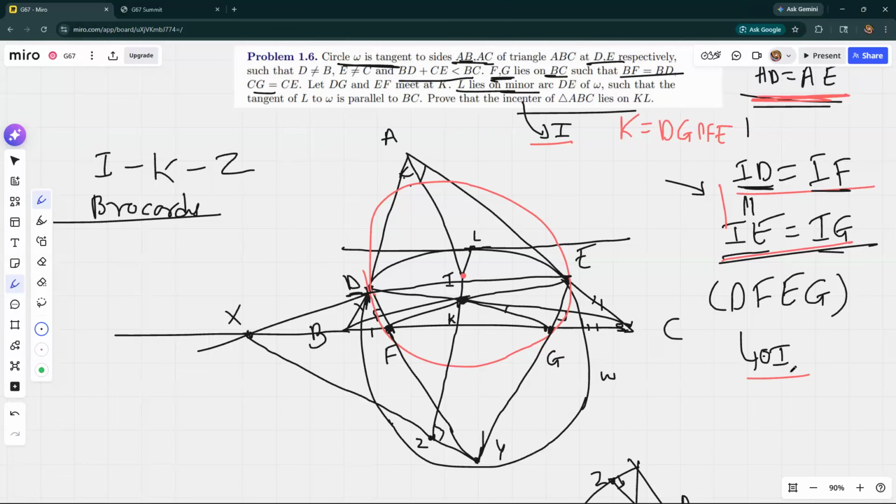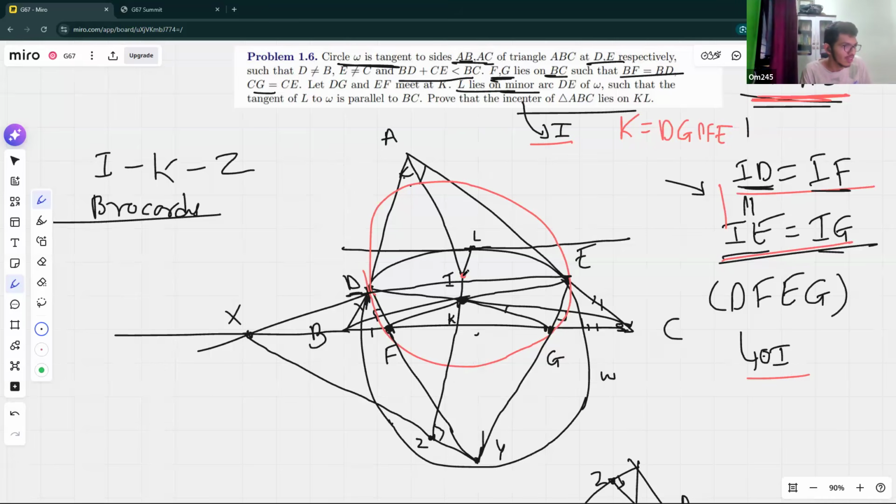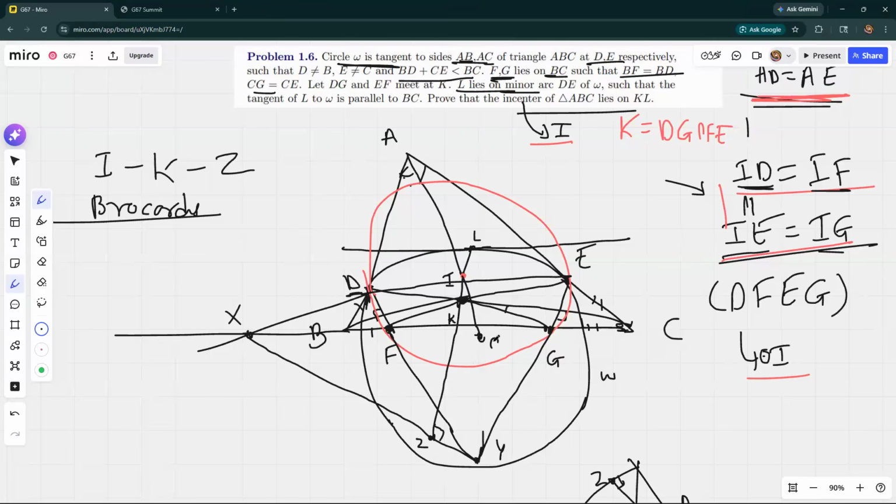We know Z is the center of omega, or what is the center of omega? I don't know, let's call it O. And then if we draw the incircle as well, we know A, L and the diametrically opposite point of the touch point are collinear by homothety.